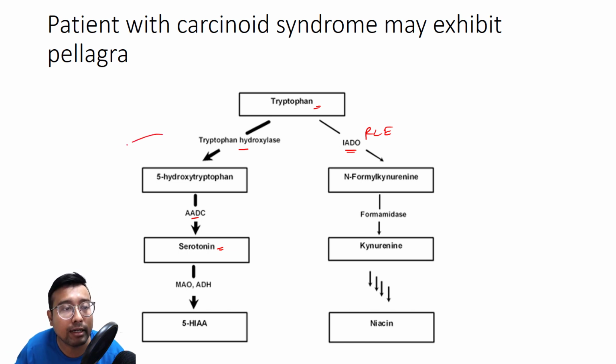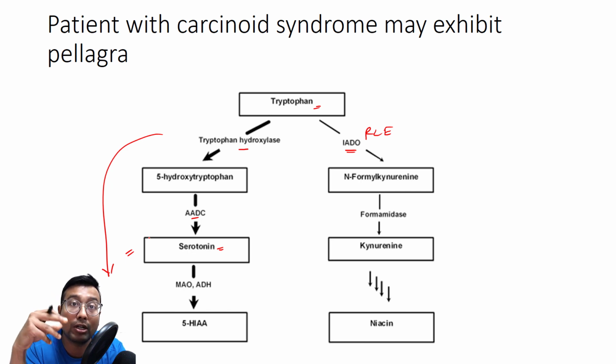In carcinoid syndrome, what happens? This pathway takes over. There is excess production of serotonin due to a tumor that diverts tryptophan towards the serotonin pathway. Hence, it pulls away tryptophan that would otherwise be used to synthesize niacin, right?